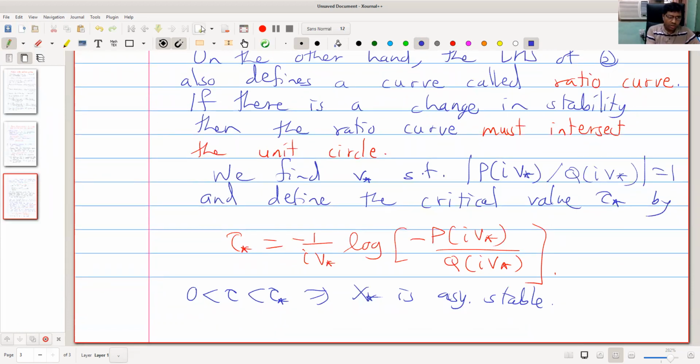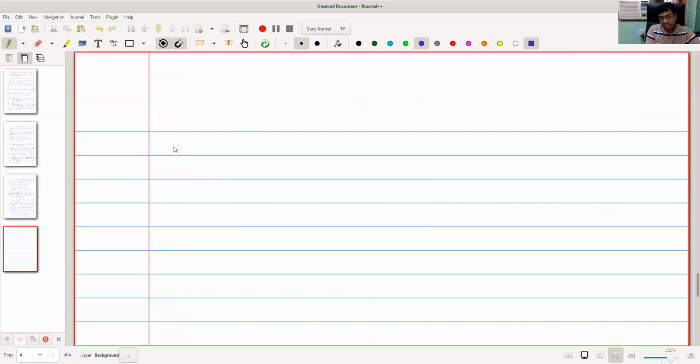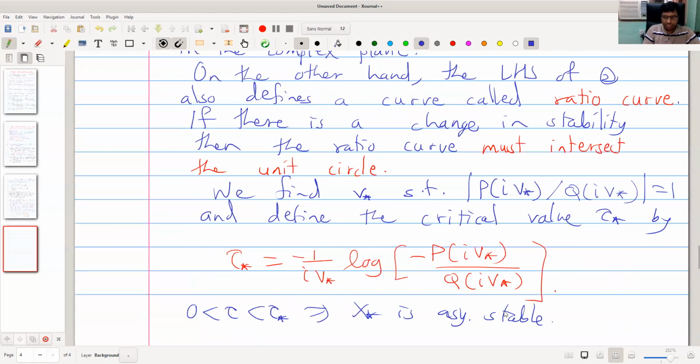One important note: it may happen that this ratio curve crosses the unit circle more than one time. In that case, we may have a stable region, that means 0 to tau star, and the system becomes unstable for some values of tau, and then for higher values it may become stable again.